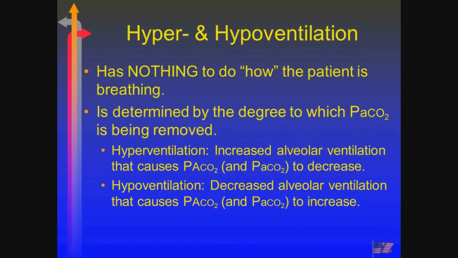Okay, let's say you're an athlete, exercising. You're running on the treadmill, and because you're producing more carbon dioxide as your muscles are burning, your body has to respond to get rid of that.